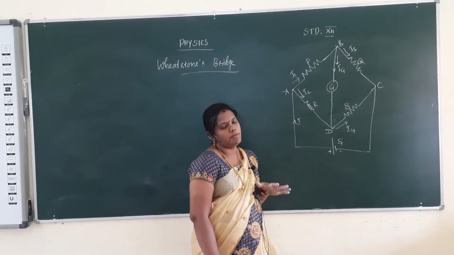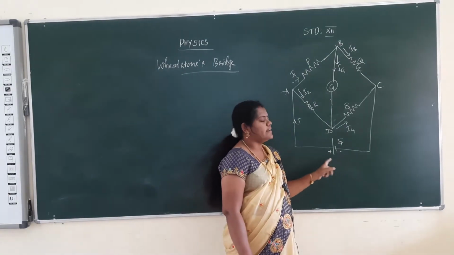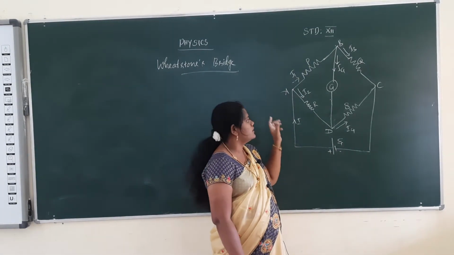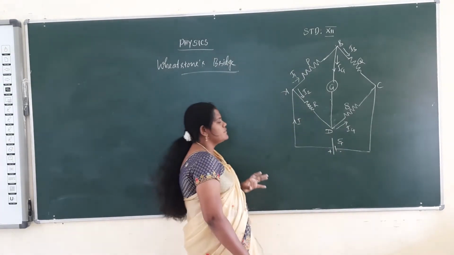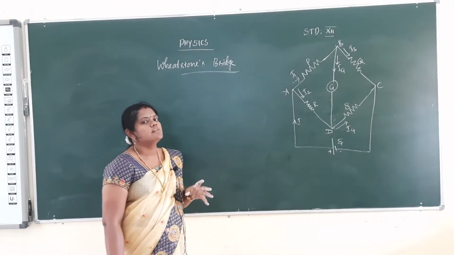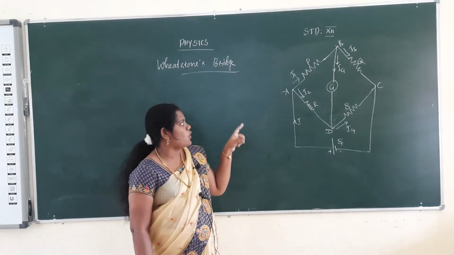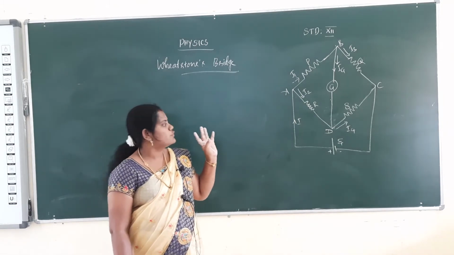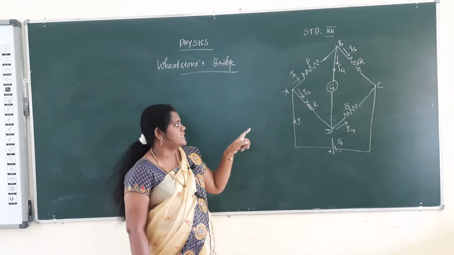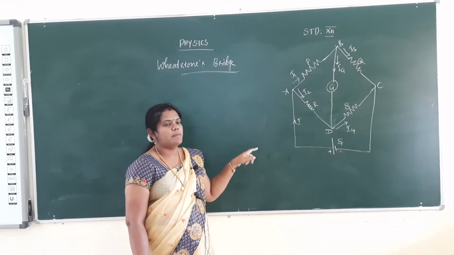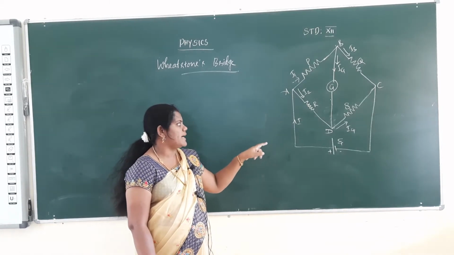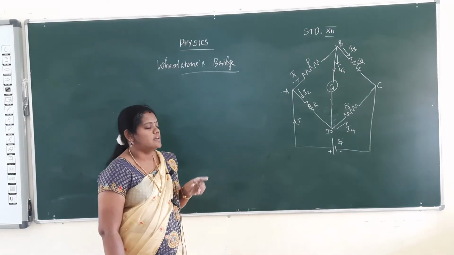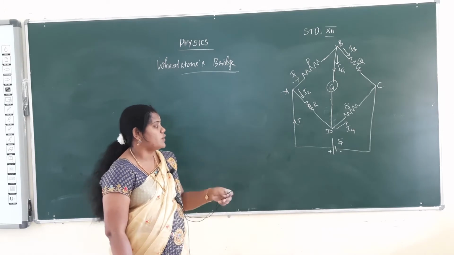Taking one battery, it will be connected in the total closed circuit. Wheatstone bridge has four resistances P, Q, R, S and four junctions A, B, C, D. Then a battery will be attached to the circuit, and the voltage of the battery will be called psi.